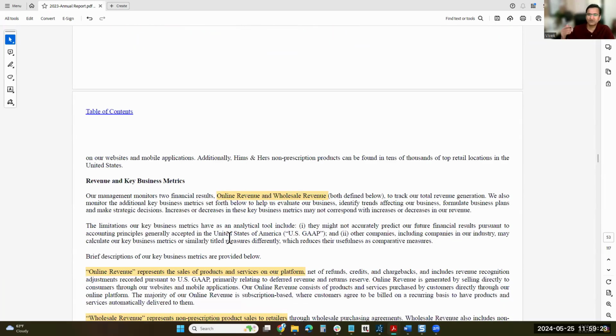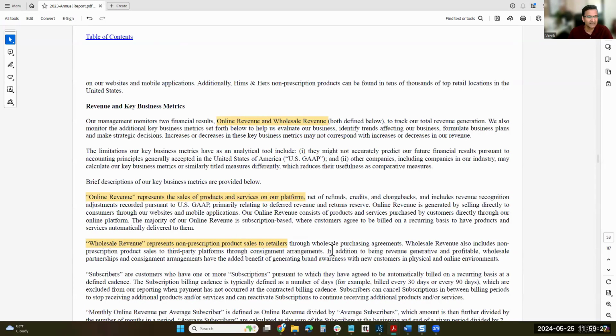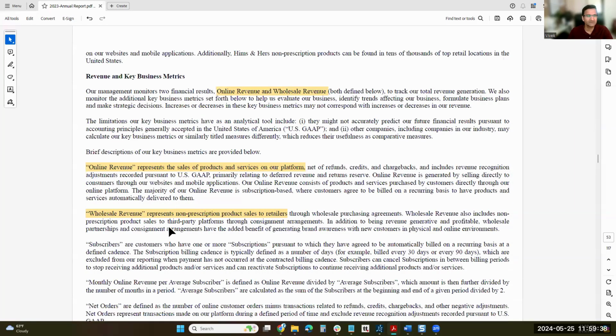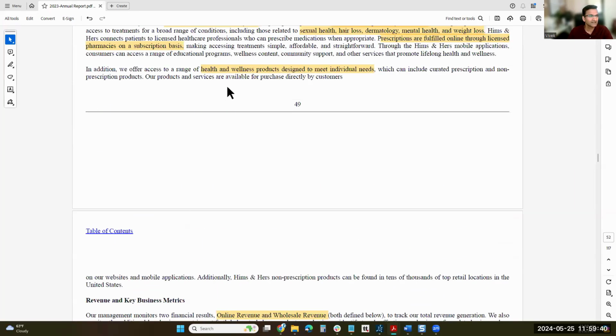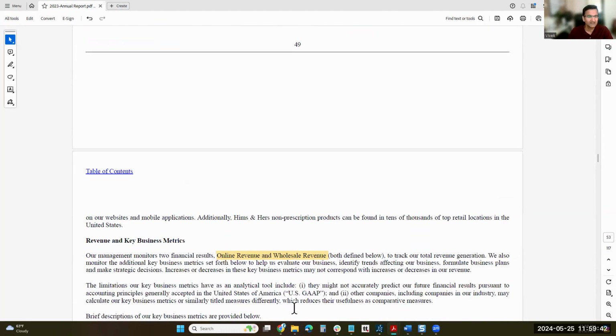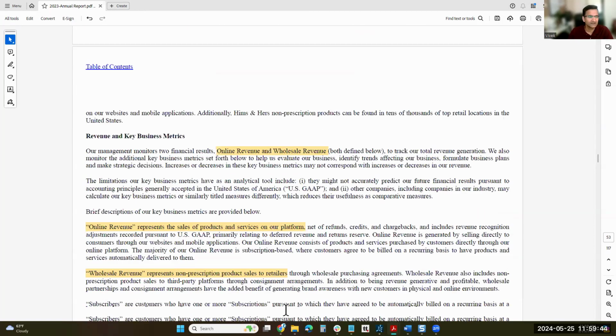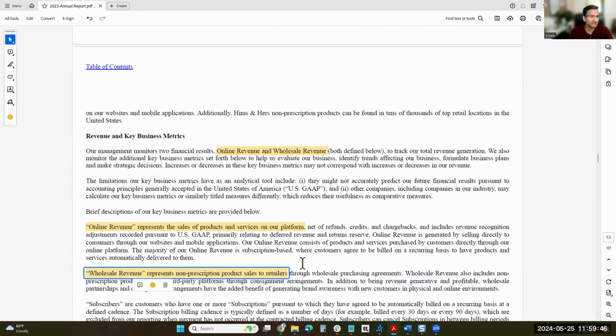So if I go to a retailer like CVS, etc. Again, I don't know which retailers they sell into. I can actually buy HIMSS and HERS products over there. So they have telemedicine, plus they have health and wellness products that I can go and buy at a retailer. Okay, so that is called wholesale revenue.